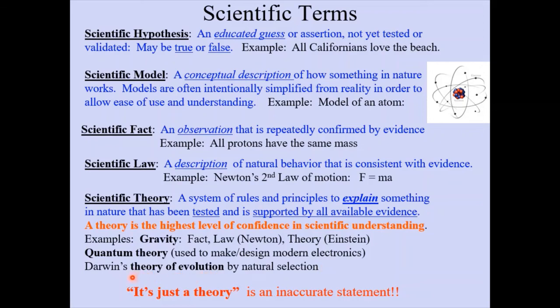So the main thing about, especially the bottom part of the slide here, is that when you hear somebody say, well, it's just a theory, that's sort of an oxymoron. That's an inaccurate statement. A lot of people use the word theory in everyday life instead of hypothesis. But when scientists say something is a theory, we are talking about this definition here, which is our highest level of confidence and understanding, such as the theory of gravity.